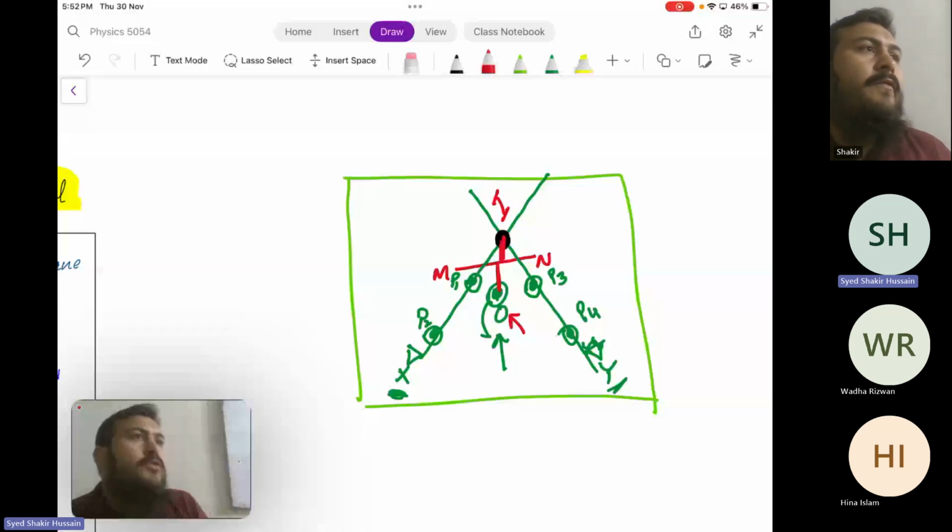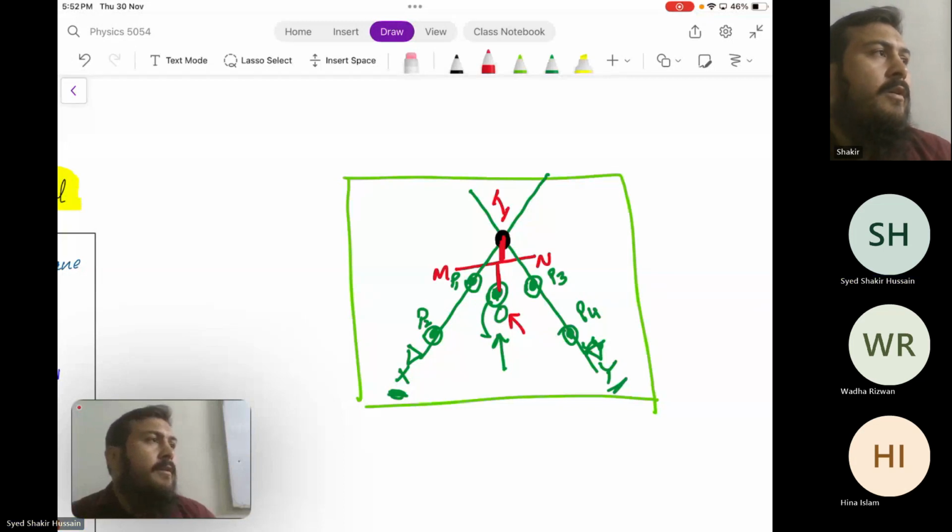So whenever an image is formed in a plane mirror, its distance would be the same as your distance. Have you ever observed that as you approach the mirror, your image approaches you? Because the distance between you and the mirror is reducing, the distance between you and your image is also reducing.